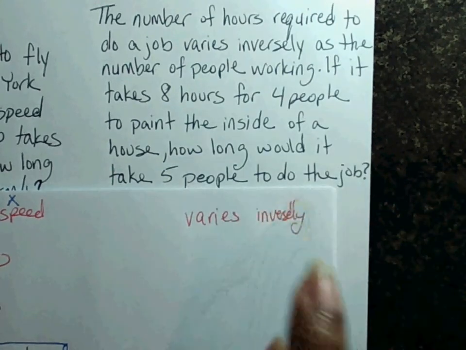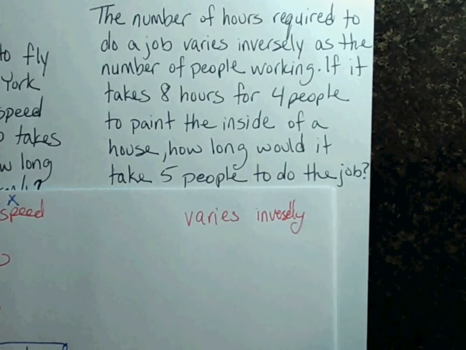It's varying inversely. Now, what is varying inversely? The number of hours required to do a job varies inversely as the number of people working. The number of hours is varying with the number of people.